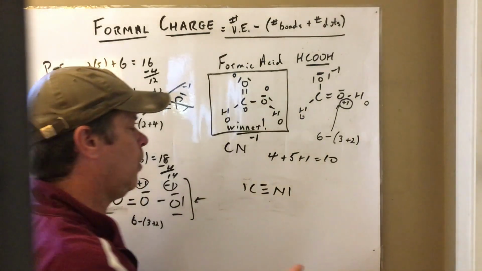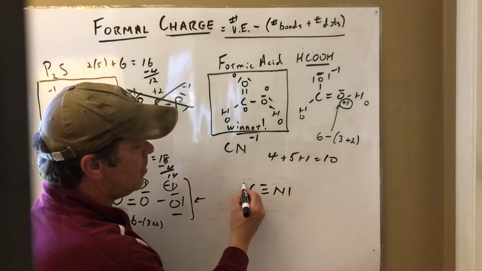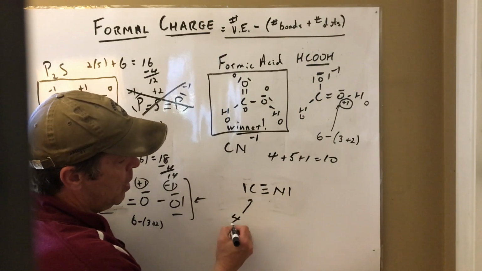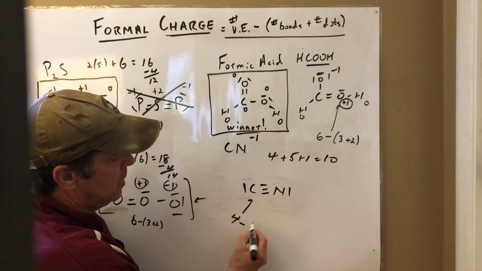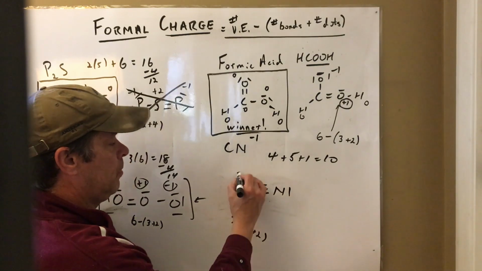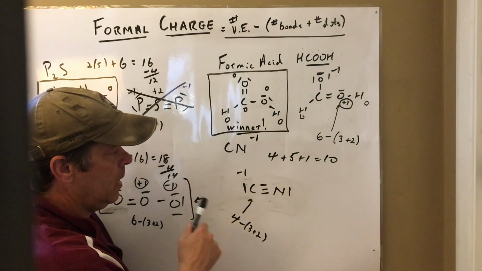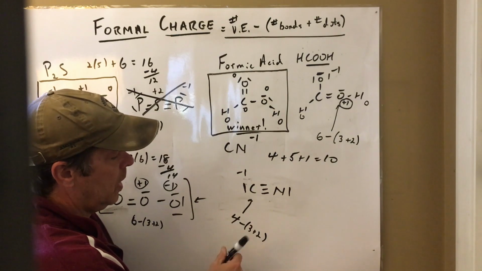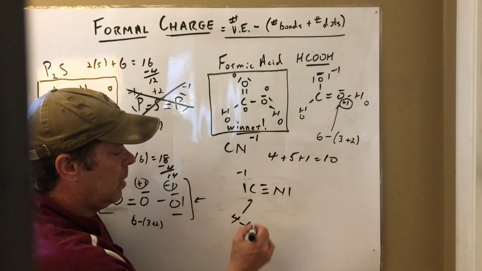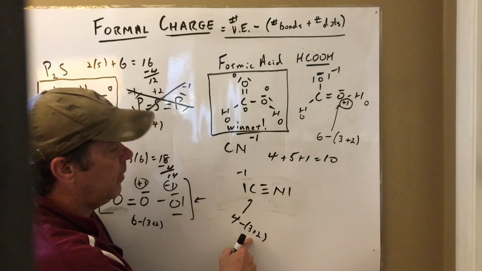Now let's figure out the formal charge of the atoms. So this carbon is 4 minus 3 plus 2. That's going to be -1. Did I do that right? 4, 3 plus 2, it's -1, sure.